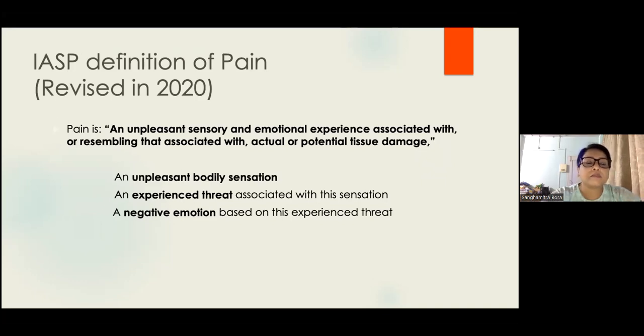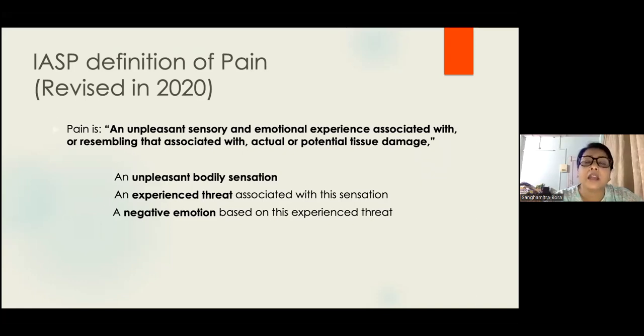So it is an unpleasant sensory and emotional experience associated with, or resembling that associated with, actual or potential tissue damage. Hence, it is an unpleasant bodily sensation. It is an experience of threat associated with this sensation, and a negative emotion based on this experience of threat.